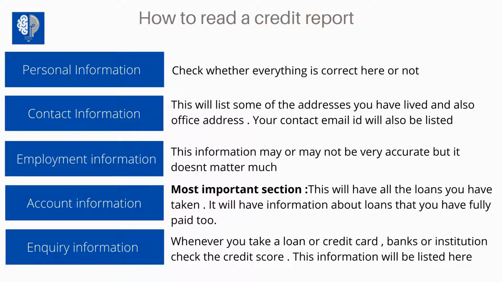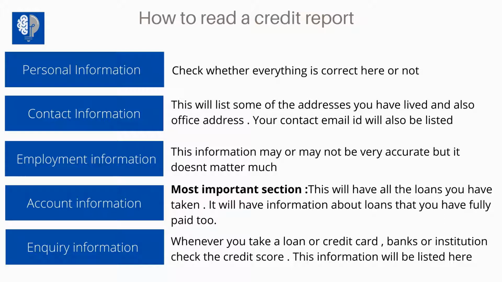Fifth is the inquiry information. Whenever you take a loan or request a credit card from a bank or a financial institution, the bank asks for or checks your credit score from CIBIL. Whenever they ask CIBIL, this information, whichever bank has asked, is listed in the inquiry information.